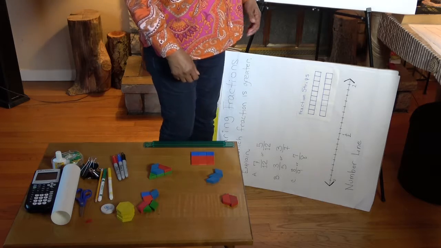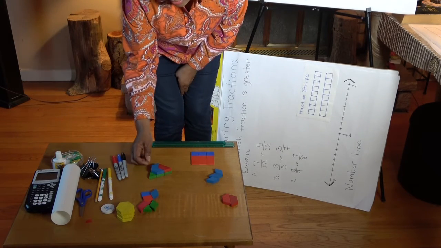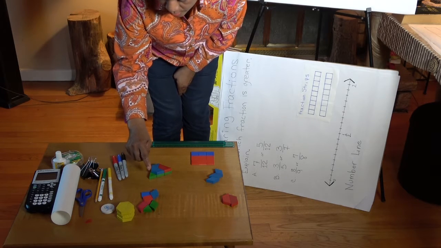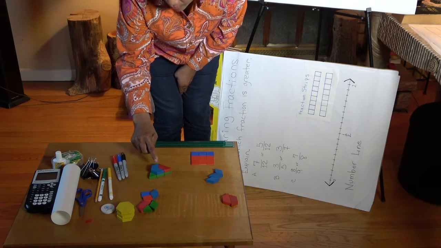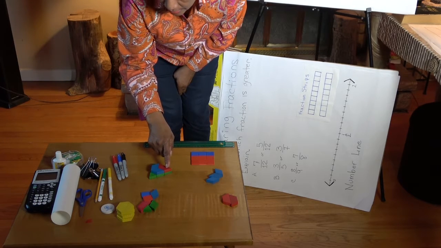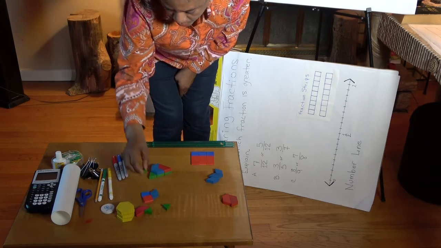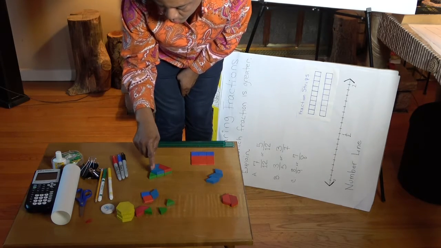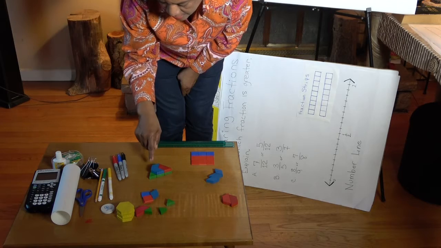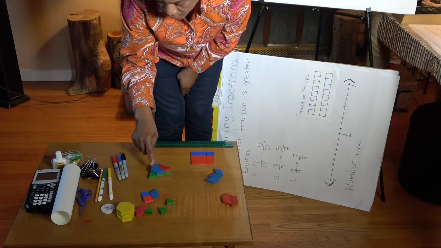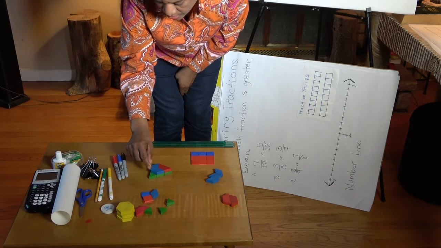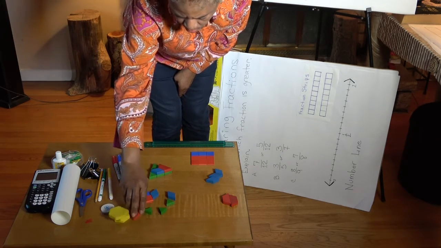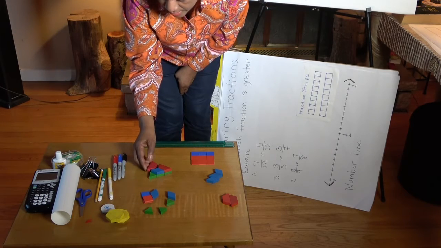So 2/9 blue, let's see. 1, 2, 3, 4, 5, 6, hold on one second. 1, 2, 3, 4, 5, 6, 7, 8, 9. So 1, 2, 3, 4. So that's 4/9. That's not right because I only need 2/9. So maybe I need another red.